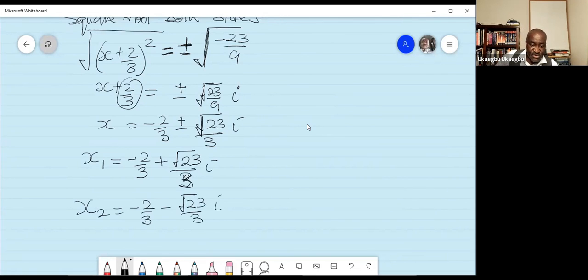We did not intend to go to complex numbers, but the solution eventually led us to complex numbers. That's how it is.